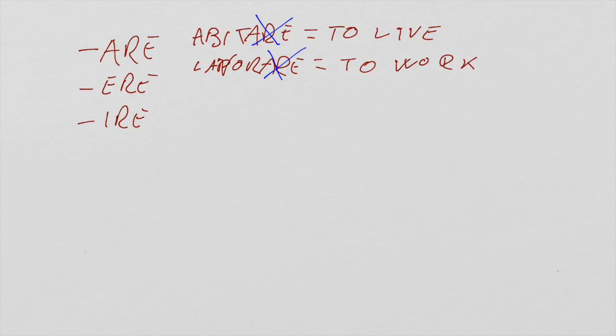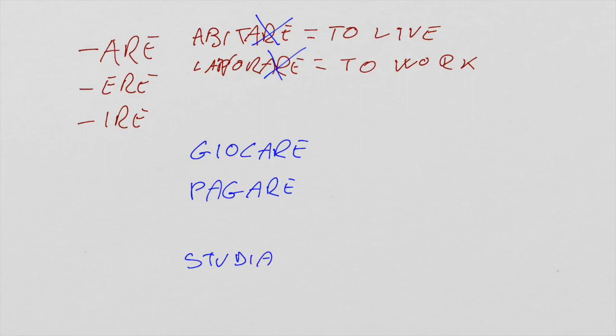And let's take verbs ending in -are, like, for example, giocare, pagare, and then studiare. I'm taking these three verbs as models. So, all of them, as you can see, end in -are.